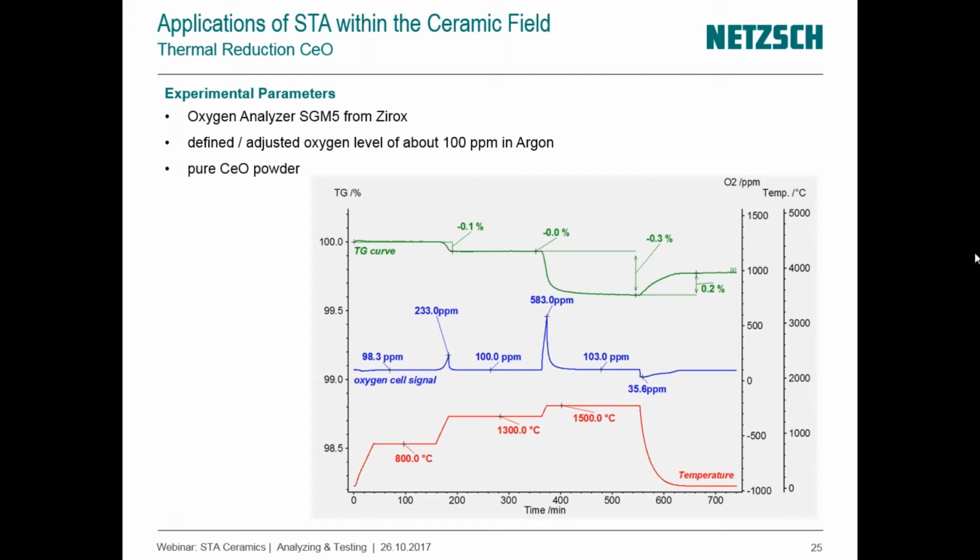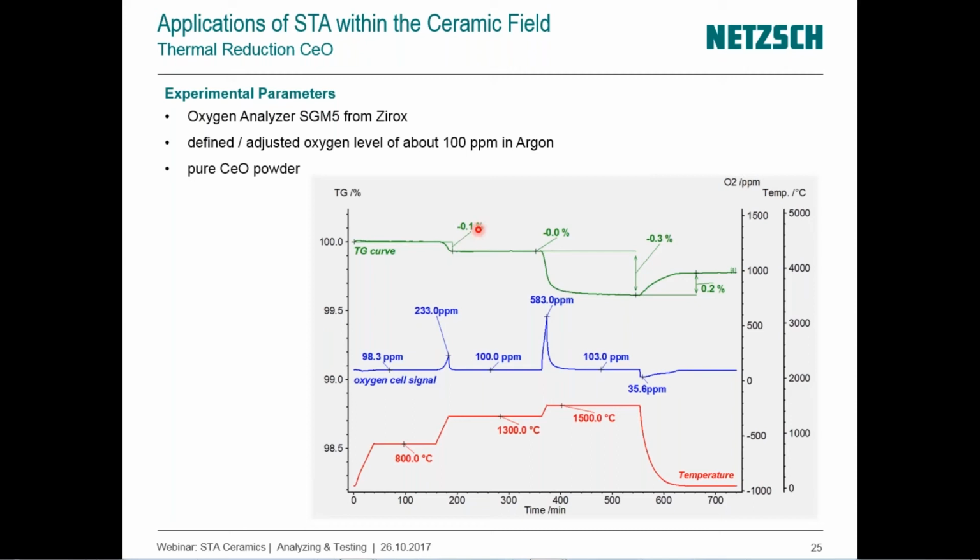Next, more questions. How many milligrams can you put for the best STA measurement? So this is an interesting question from the application side. In principle, you need a mass of sample to achieve the precision you want to have. For instance, if you want to achieve a significant mass change of 0.1%, you should think about what is the standard deviation of your machine, which can be easily measured by just making some blank ones, so empty crucible ones.